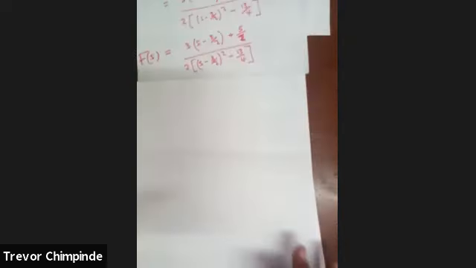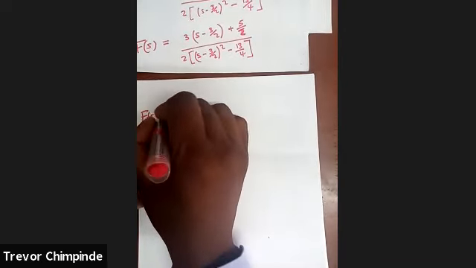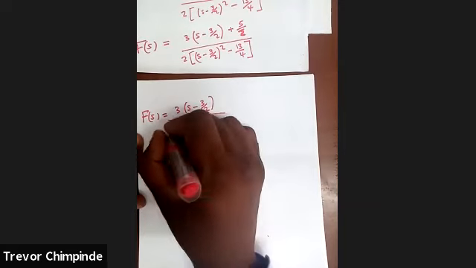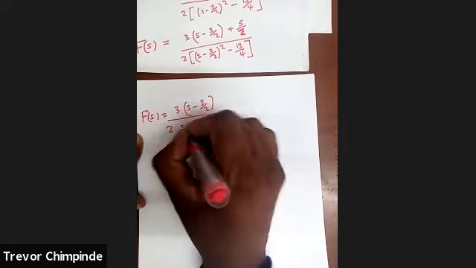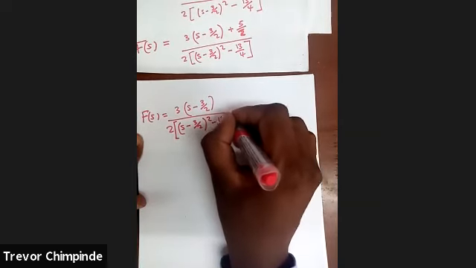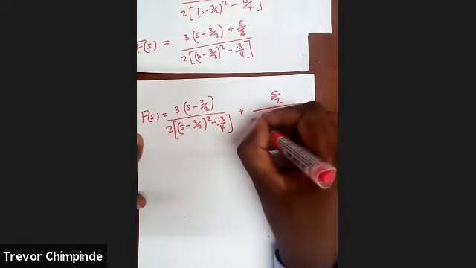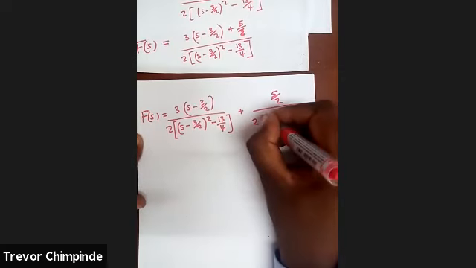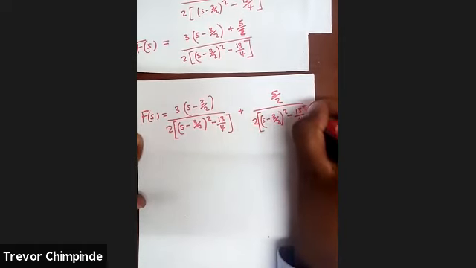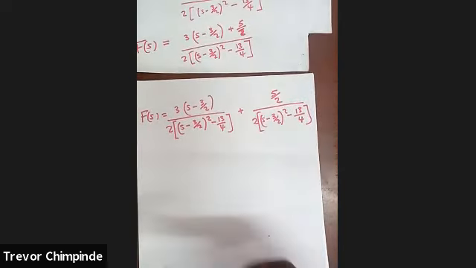We are almost there. I can write it in terms of two terms: f of s equals 3(s minus 3/2) divided by 2[(s minus 3/2)² minus 13/4], plus 5/2 divided by 2[(s minus 3/2)² minus 13/4]. So this is our f of s.